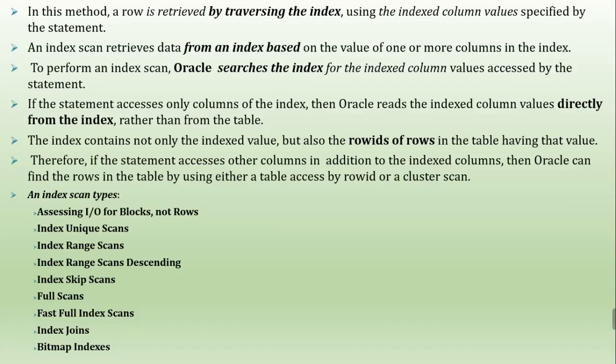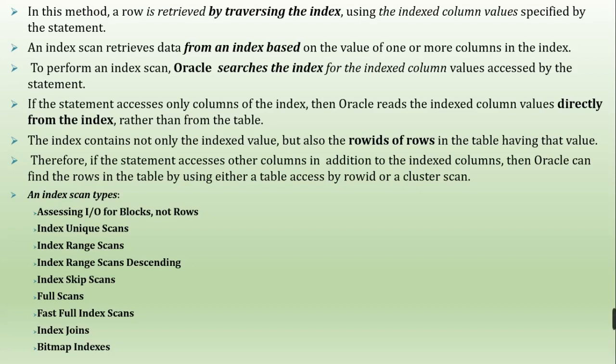Index scan. In this method, a row is retrieved by traversing the index using the indexed column value specified by the statement. An index scan retrieves data from an index based on the value of one or more columns in the index. To perform an index scan, Oracle searches an index for the indexed column values accessed by the statement.